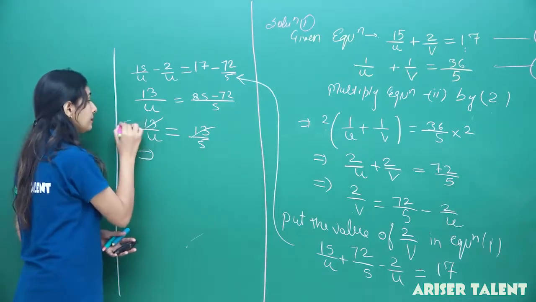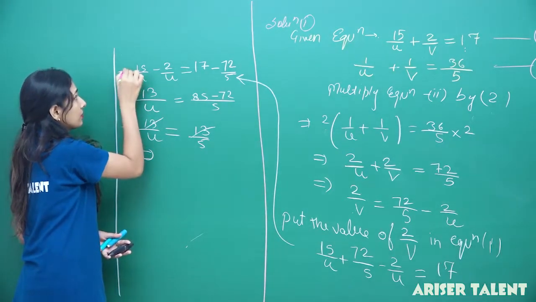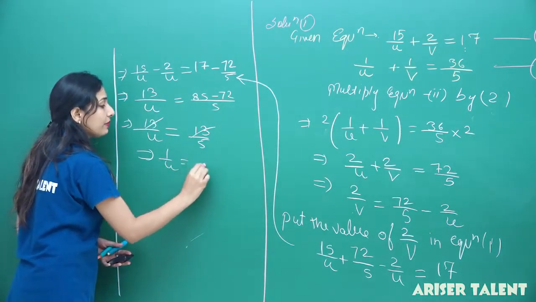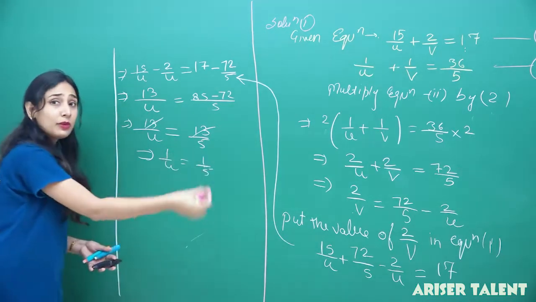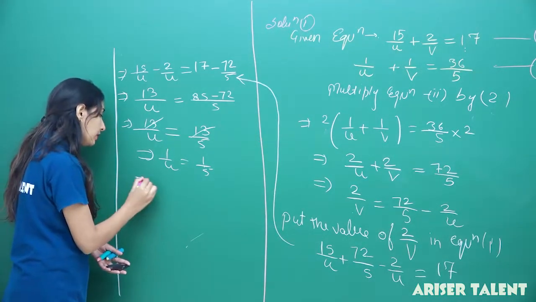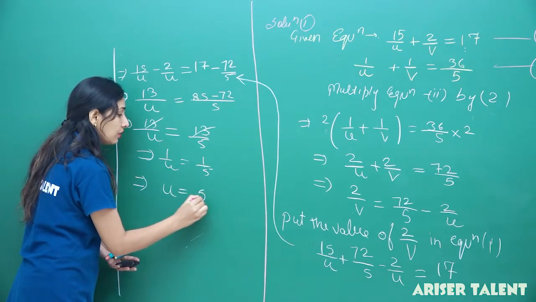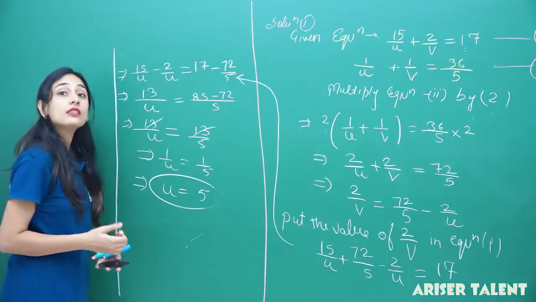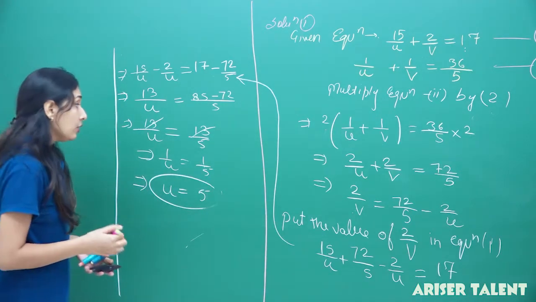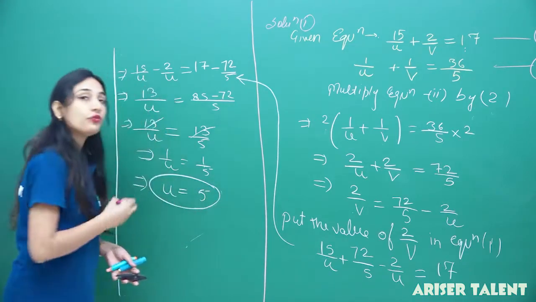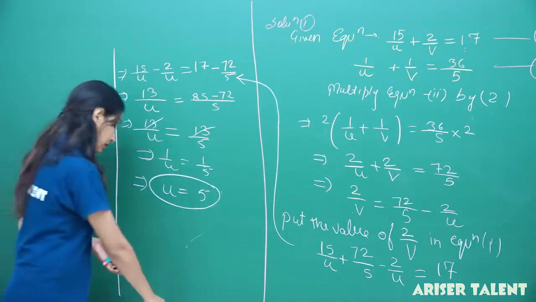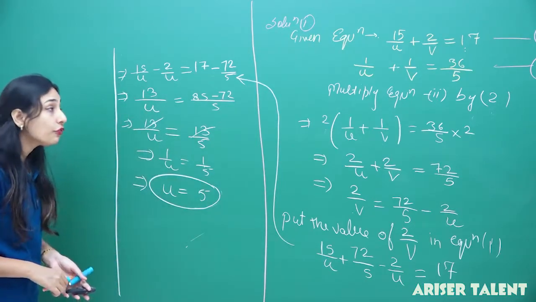This implies that 1 by U equals to 1 by 5. By cross multiplication, simply you can find out that U equals to 5. This is 1.